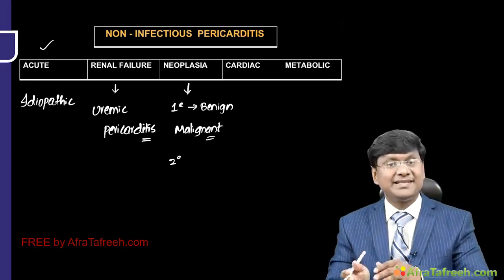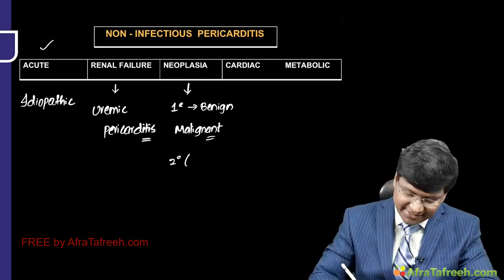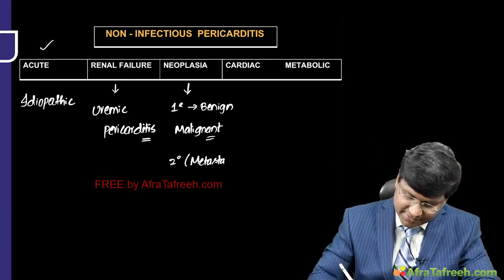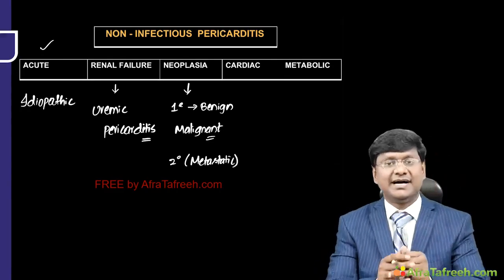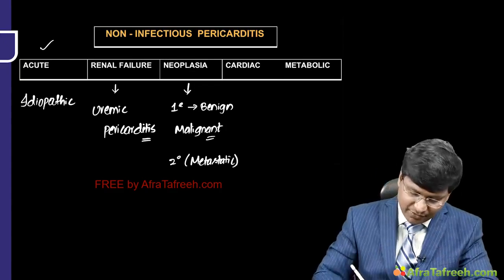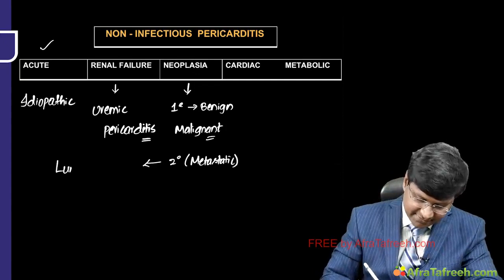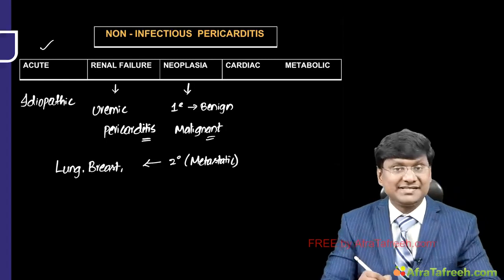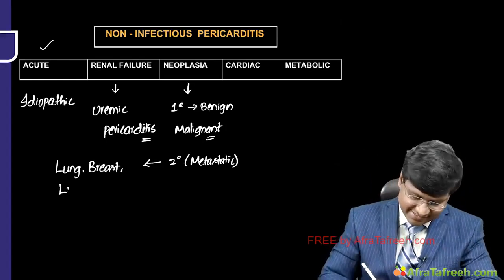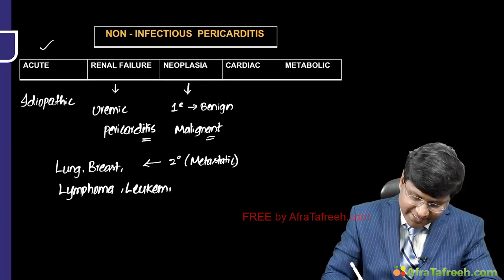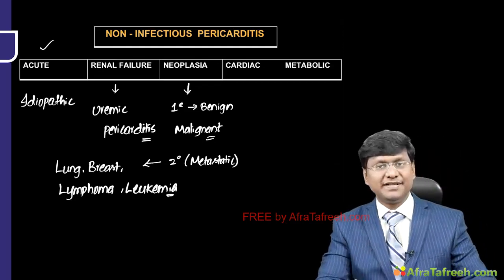Then the secondary tumors are nothing but the metastatic tumors, the tumors that will metastasize to the heart or pericardium. This metastasis comes from the lung, from the breast, and in case of lymphoma as well as leukemia. So these are the neoplasias that contribute to the development of pericarditis.